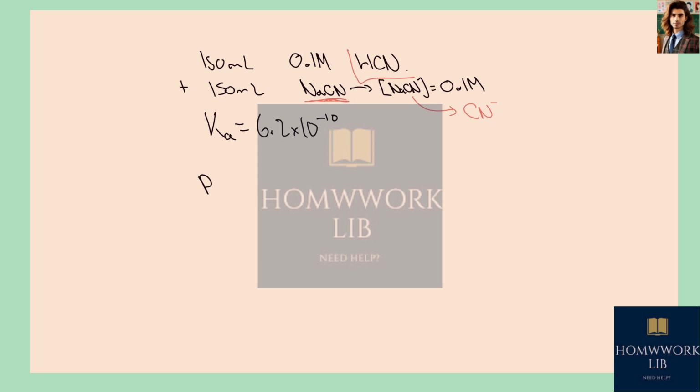It dissolves and dissociates completely. So we can use the Henderson-Hasselbalch equation to find the pH. And pH is going to be equal to the pKa plus the logarithm of the concentration of CN minus divided by the concentration of HCN that we have in solution.